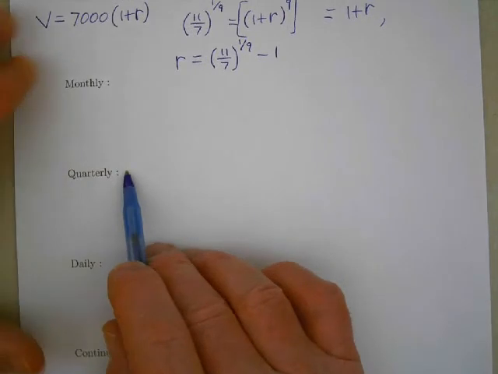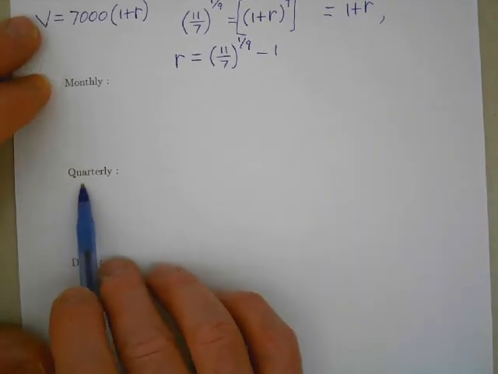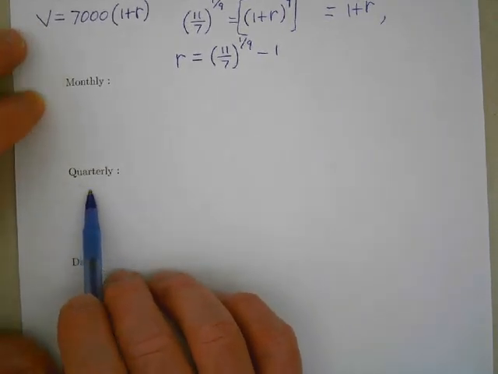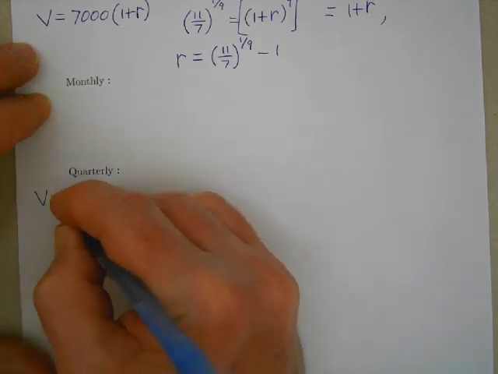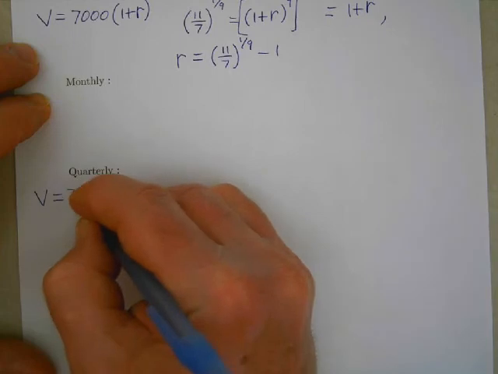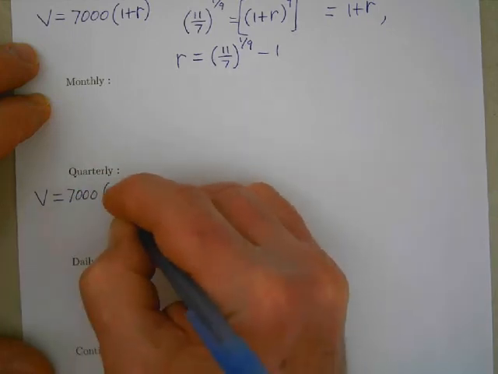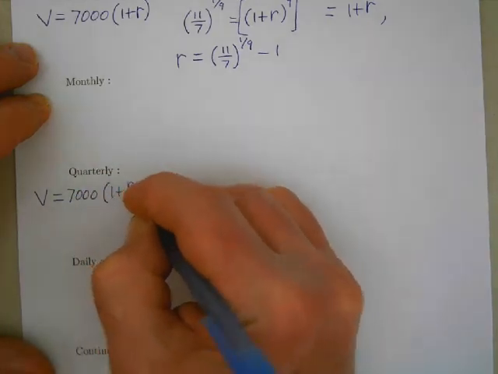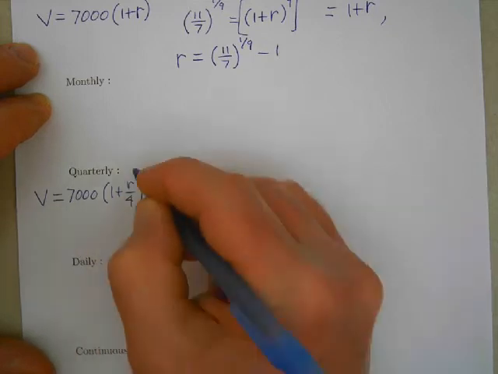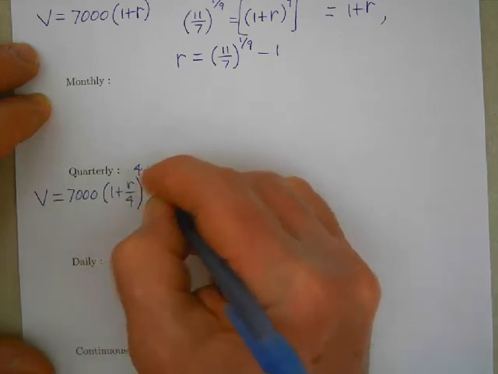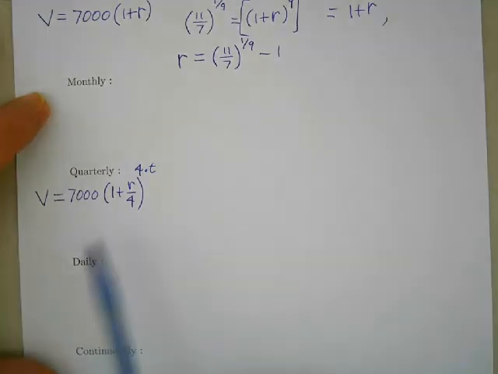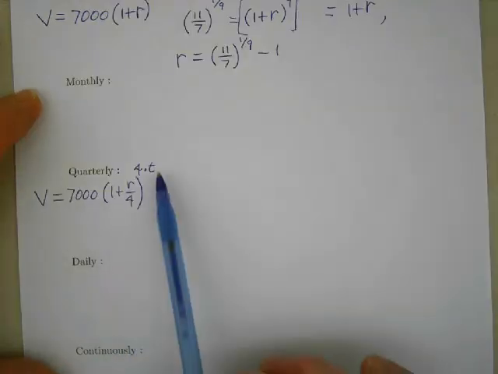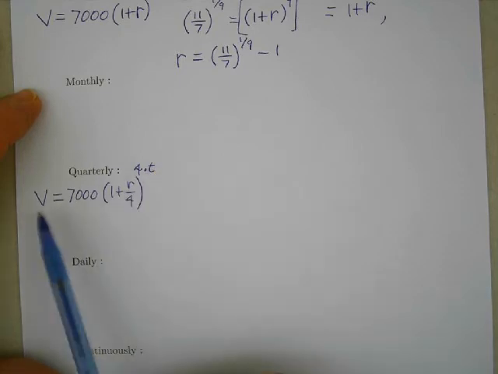Okay, so if interest is compounded 4 times a year, then the function, or the value, is 7,000 times (1 plus r divided by 4) raised to the 4 times t. But we're told that when t equals 9, the value of the investment is $11,000.